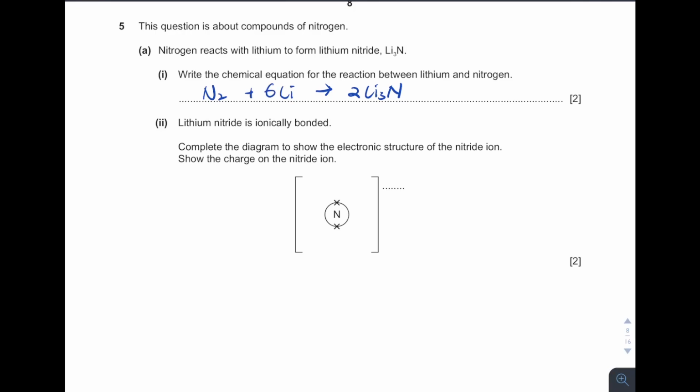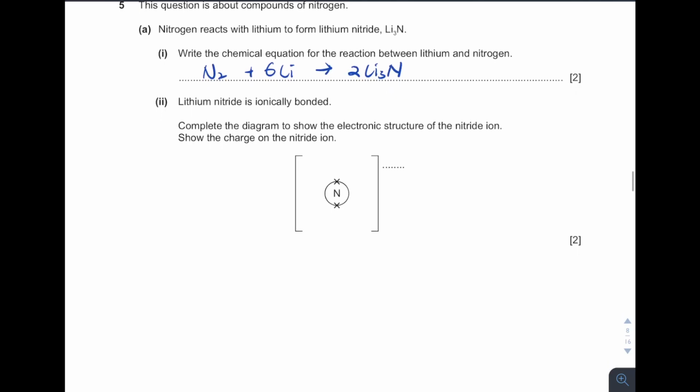Then complete the charge on the nitride ion. First, nitrogen, we know it is 2,5. It has 5 valence electrons, which means it needs to gain 3 electrons. Given here, the symbol for the electrons of nitrogen is cross. So 5 valence, 5 cross, and it gains 3 electrons.